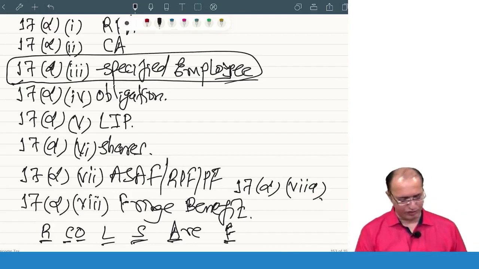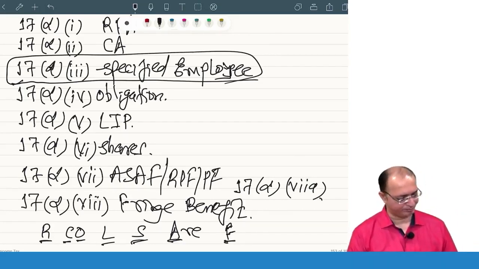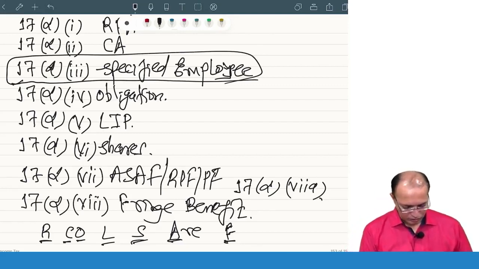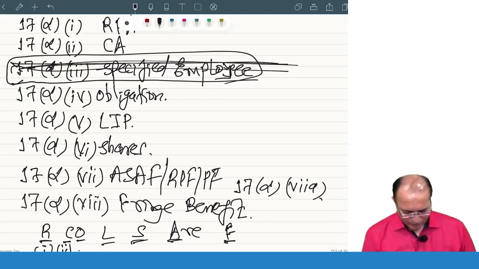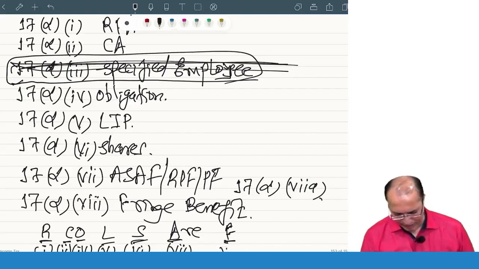And the last one is fringe benefit as may be prescribed. So this is clause 1. This is clause 2. Clause 3 we have removed because it is taxable only in case of specified employees. This is clause 4, 5, 6, 7 and 8.